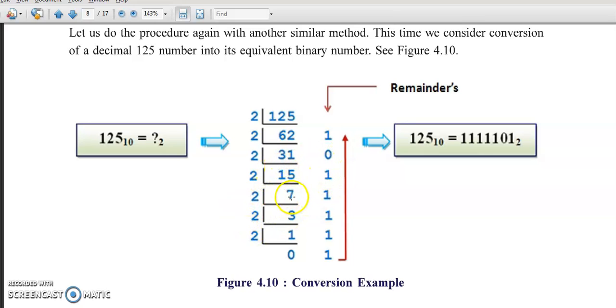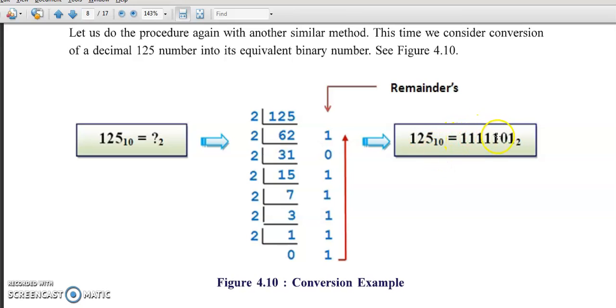We divide 15 by 2, answer 7, remainder 1. Then 3 divided by 2, answer will be 1, remainder will be 1. Now we are not able to divide 1 by 2, so we write 0 here. So the answer is 1111101.